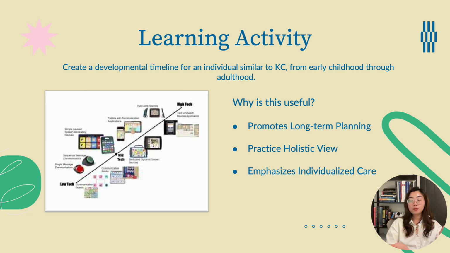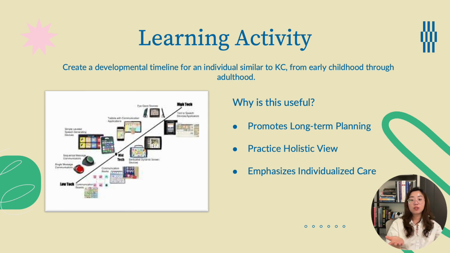And I think that this will be really helpful for future SLPs, because this basically will help you think and promote long-term planning. You're really thinking ahead about what this person will need, and not just focusing on what this person needs right now. And by doing so, you're basically practicing a holistic view of the individual, because we're looking at the person as a whole, in terms of who they will be in the future, as well as who they are right now.